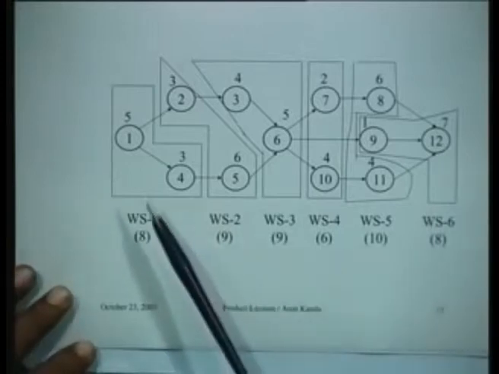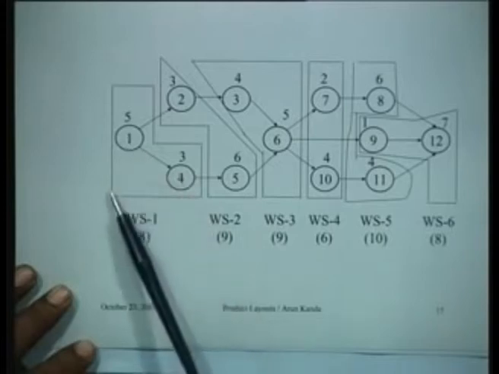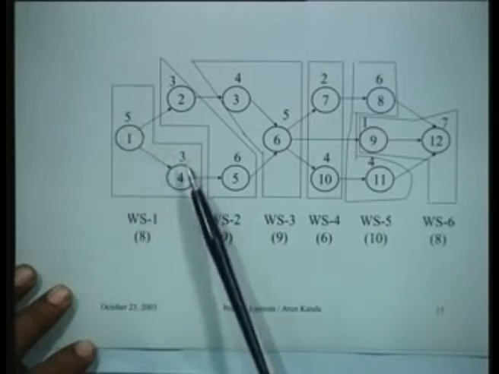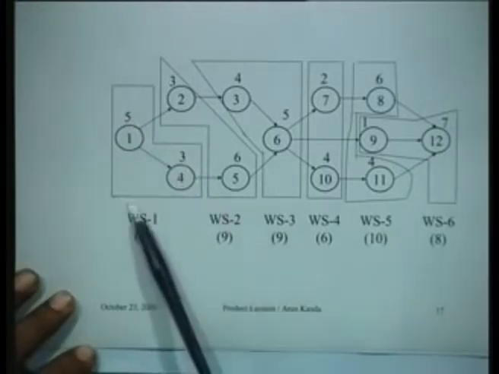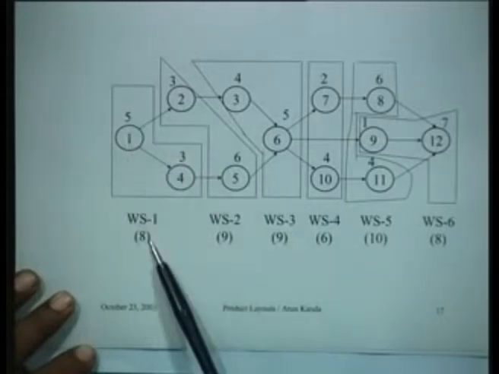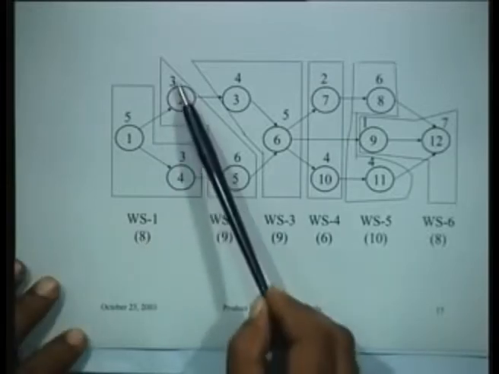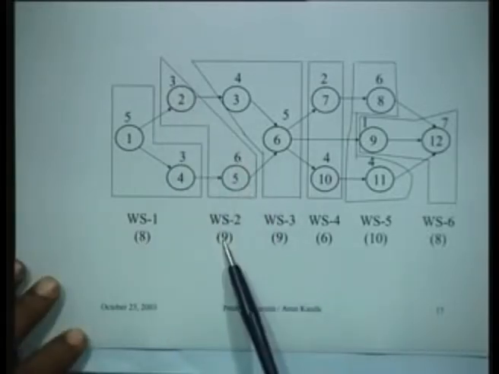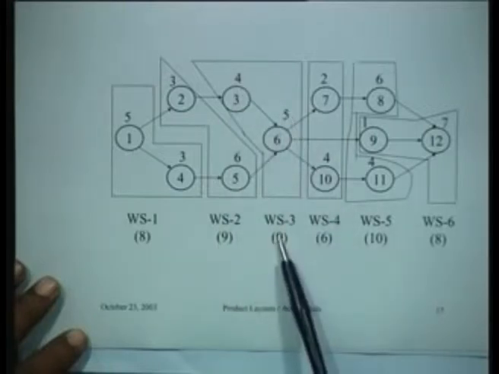I can club these two operations, 1 and 2, which take 5 and 3 units of time, so workstation 1 will take 8 units of time. I should not exceed 10, that's the important thing. This group is 3 and 6, which takes a time of 9. This one takes 4 plus 5, which is 9.